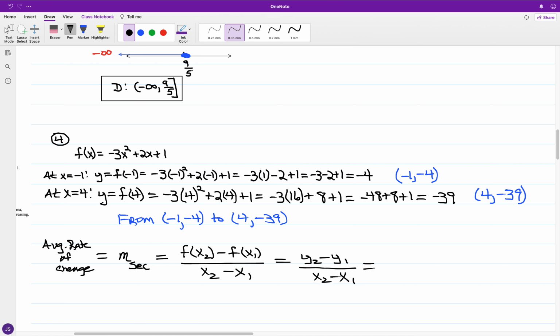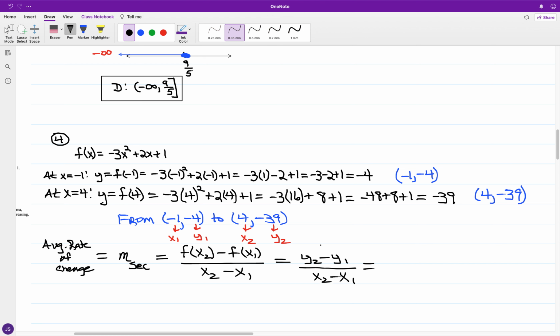Just filling in the values, since I have the first point at x equal to -1, the first x and y values will be -1 and -4, and the second set of x and y values will be 4 and -39.